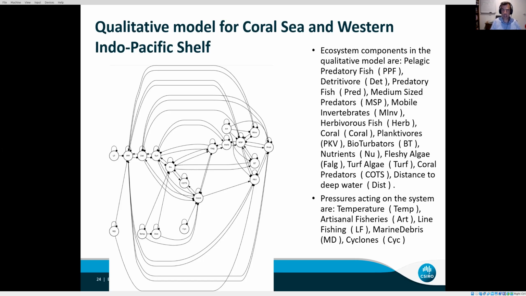The Coral Sea in the Western Indo-Pacific Shelf actually has quite a low population density, so there's not a lot of impact from high density of people in those locations. But in some places, particularly in Africa and Indonesia, we see things like nutrient discharge, increases in nutrient, and sedimentation showing up as being really important for those particular ecosystems.